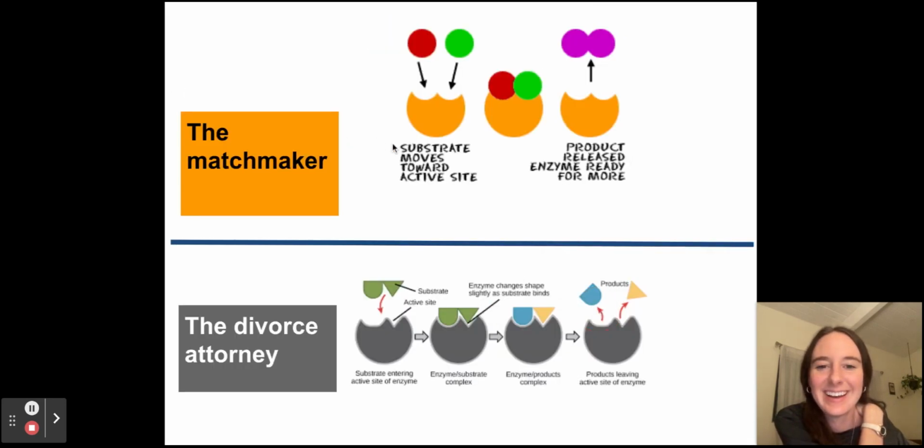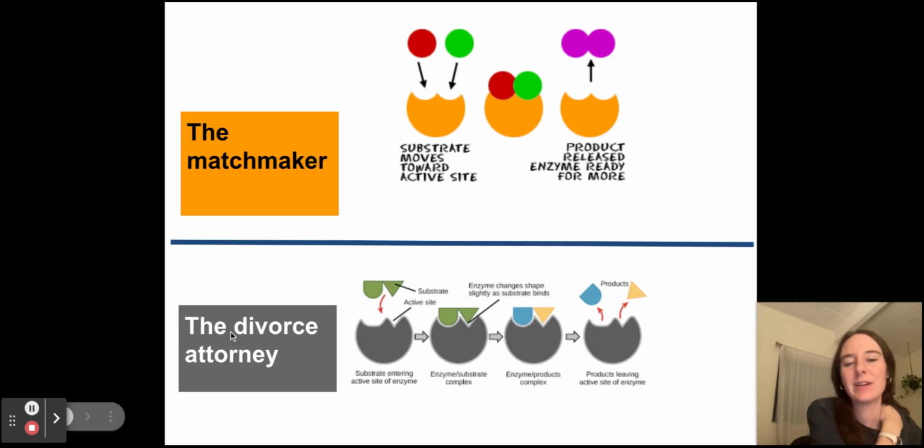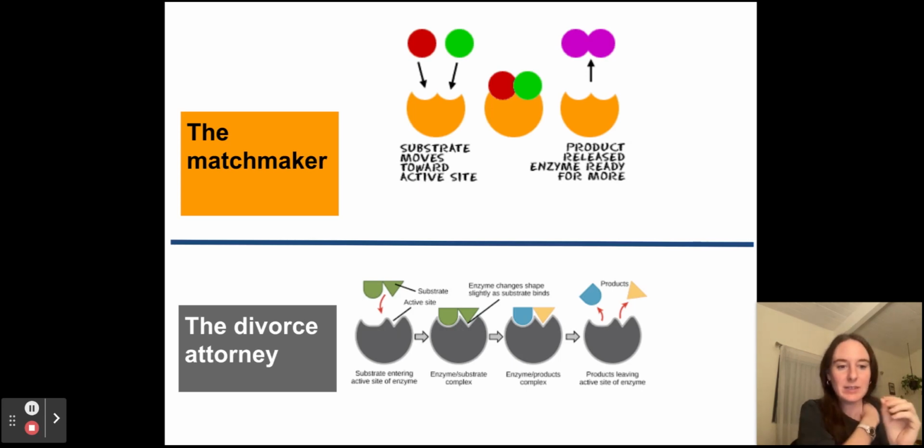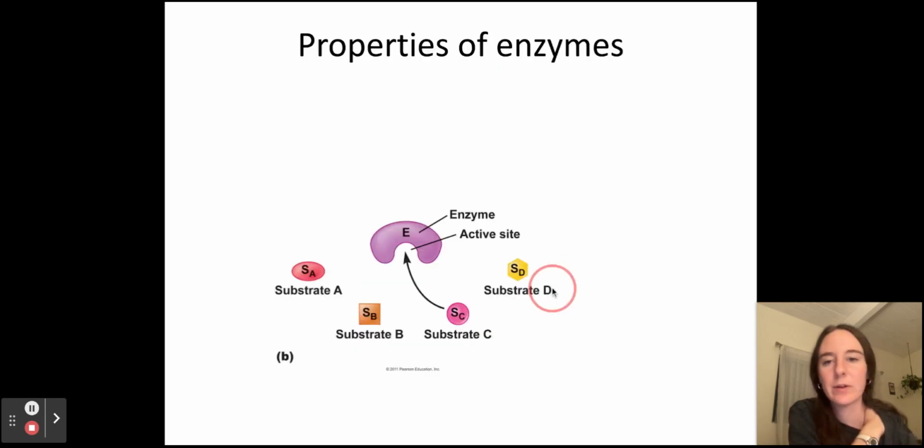So the enzyme can either act as a matchmaker, taking two monomers and making a polymer, right? Dehydration synthesis with the release of water here, or it can act as like a divorce attorney. Taking a polymer or a disaccharide here, as it enters into the active site, the enzyme will change shape and it will kind of squeeze and tug on this substrate and release a product. Now that product has two monomers that are released. It's breaking the molecule apart.